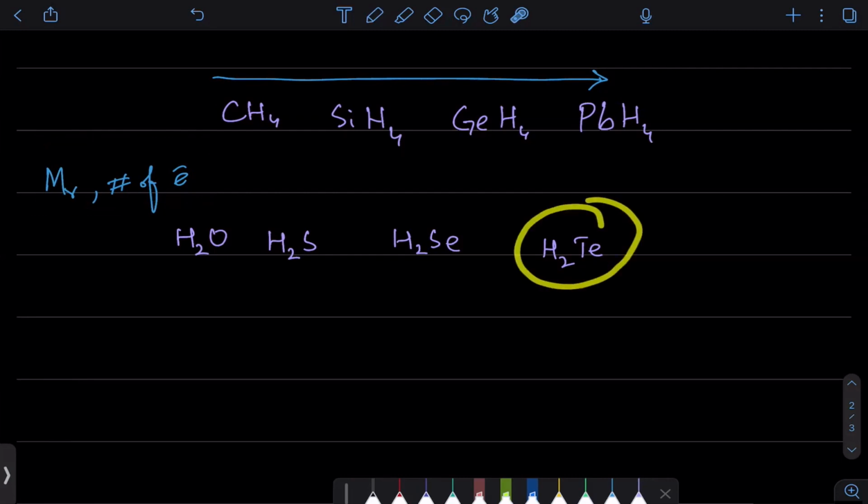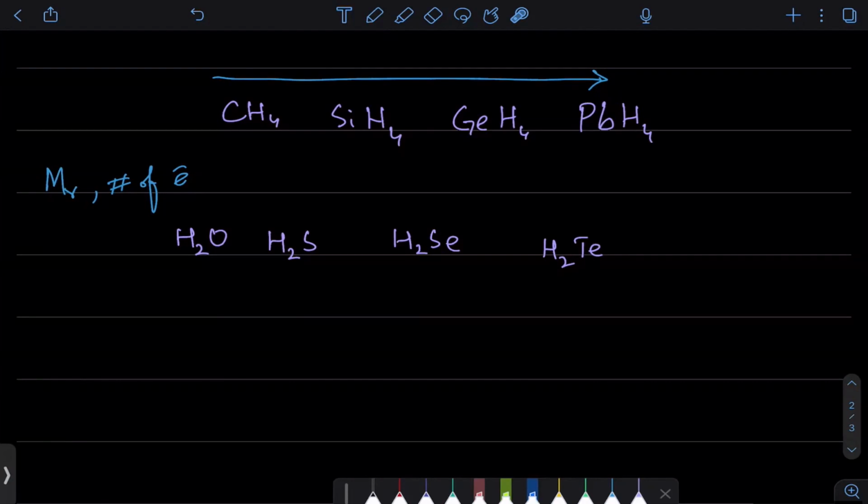So this one has the highest MR. This one has the highest number of electrons. But when it comes to the boiling point, this one is the highest. और थोड़ा बहुत फर्क नहीं है. This one is a liquid at room temperature.